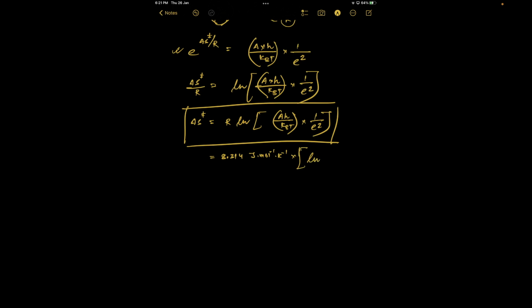Ln means it is e base. Then A means pre-exponential factor, which is given as 10 to the power 13 decimeter cube mole inverse second inverse. Then h, which is the Planck constant, is given as 6.626 times 10.